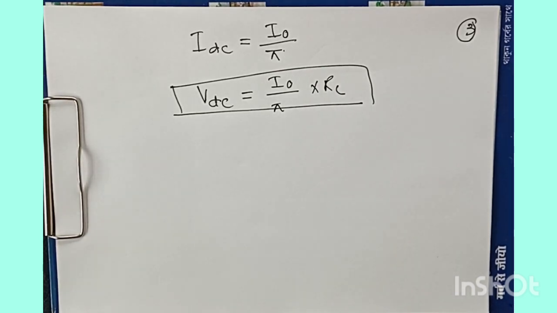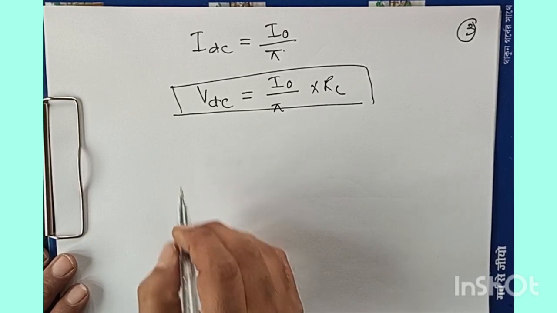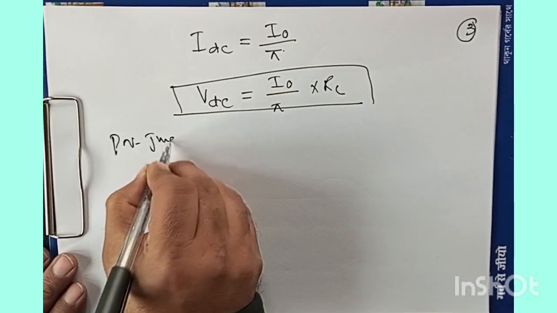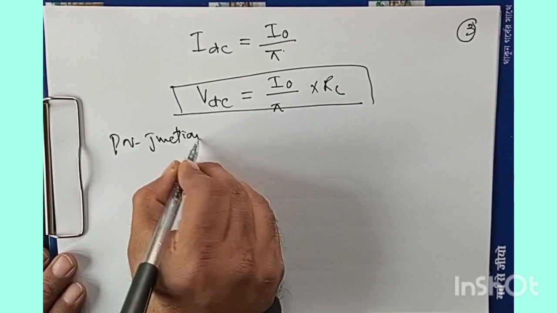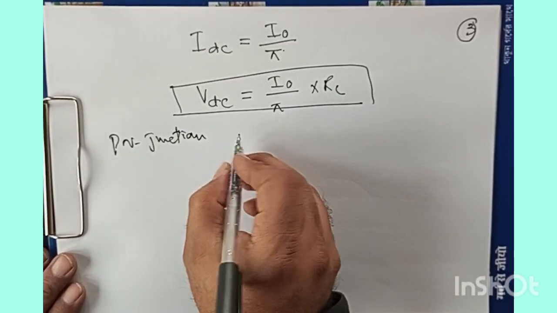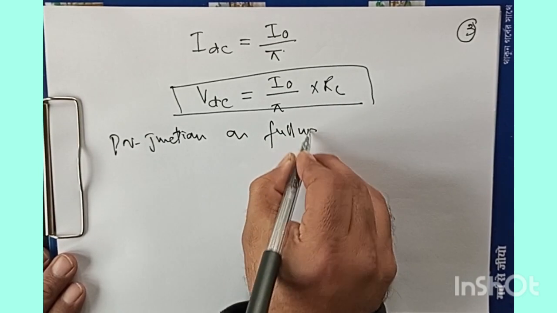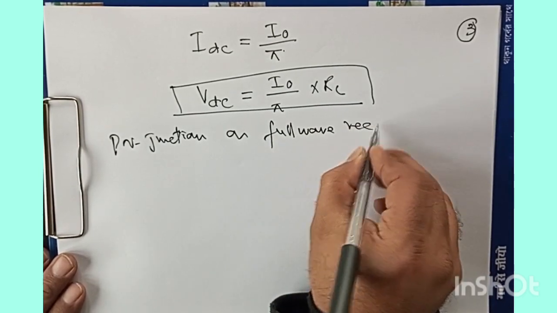Now, after this, we would like to go with full wave rectification, right? And for full wave rectification, this PN junction can also be used as a full wave rectifier.